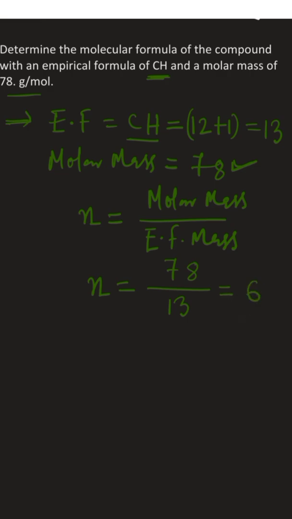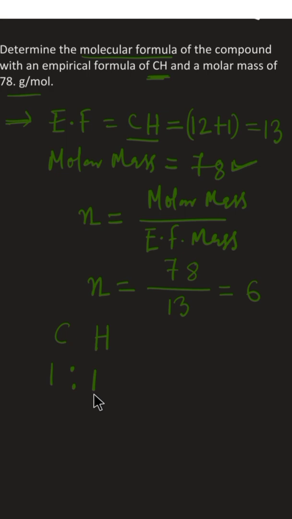So we have to determine what? The molecular formula. How to determine the molecular formula? So empirical formula is given, CH. The ratios are 1:1. Now we have seen while determining the empirical formula from the molecular formula, we have just made a whole number ratio by dividing with that n, right? So we are just doing the reverse thing. We are calculating the molecular formula from the empirical one.